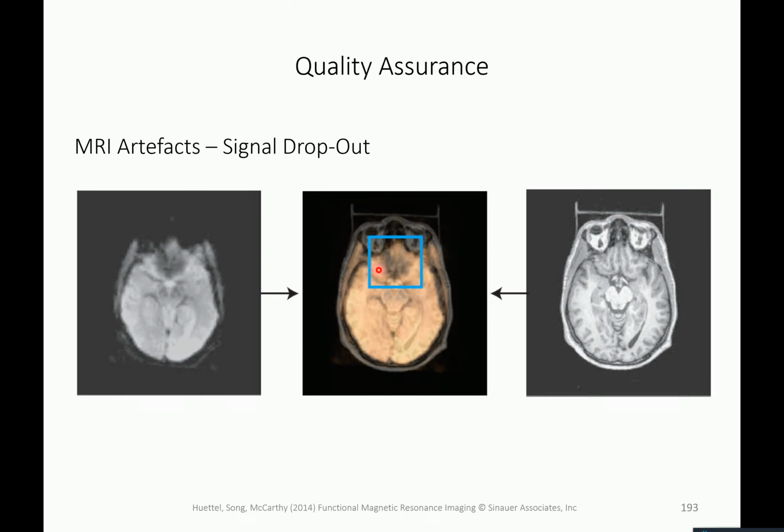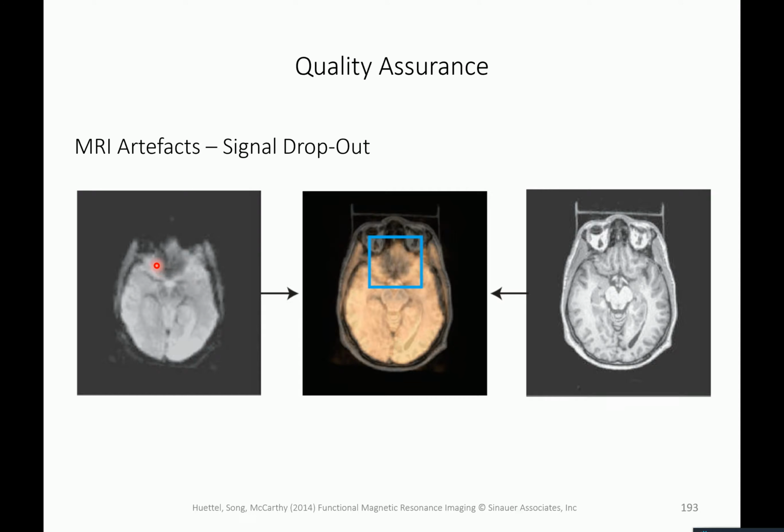And finally, signal dropout. You might not know, but I'm telling you now, that you have dropout specifically around air-filled cavities of the head. So the sinuses, for example, which are these air-filled cavities in your bones, not the sinuses that drain the veins.